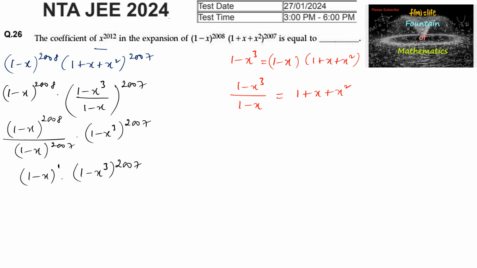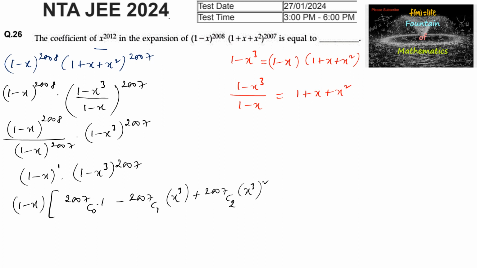So by using the binomial theorem we can write (1 - x) into [2007C0 - 2007C1 x^3 + 2007C2 (x^3)^2 - and so on.